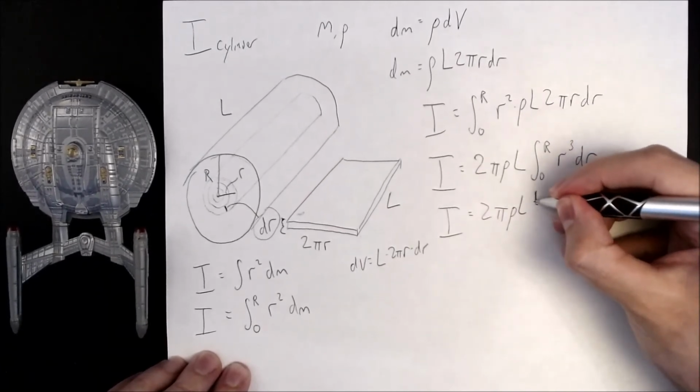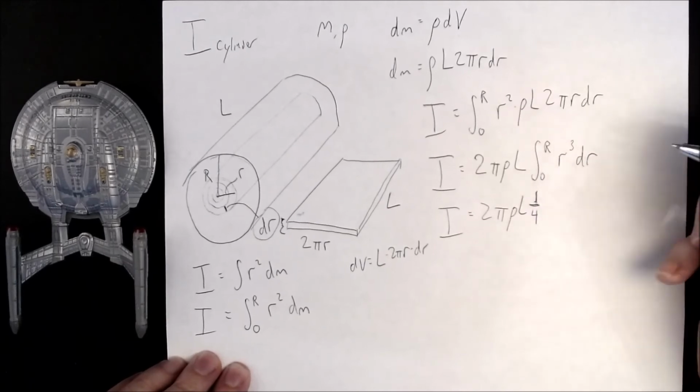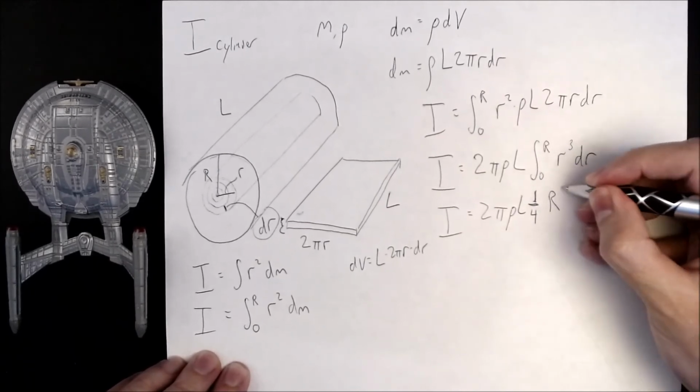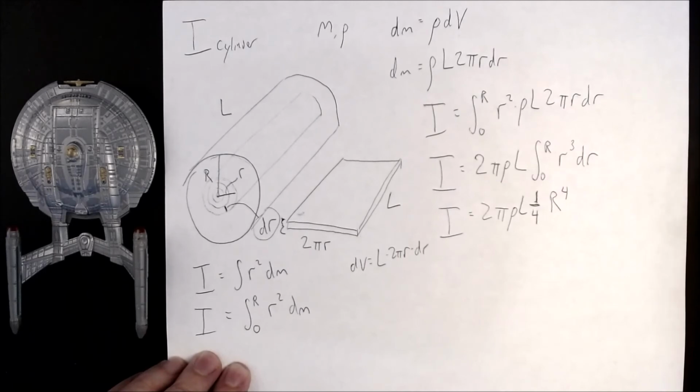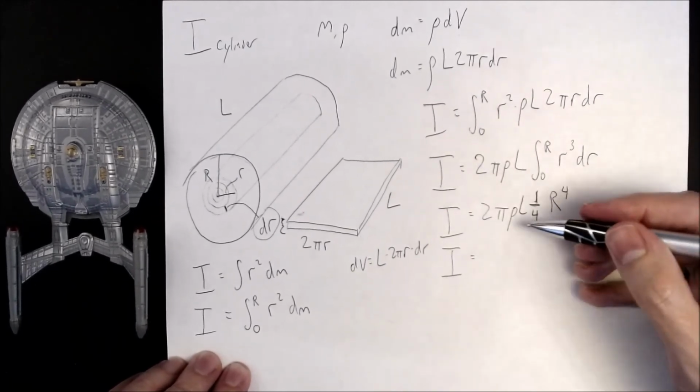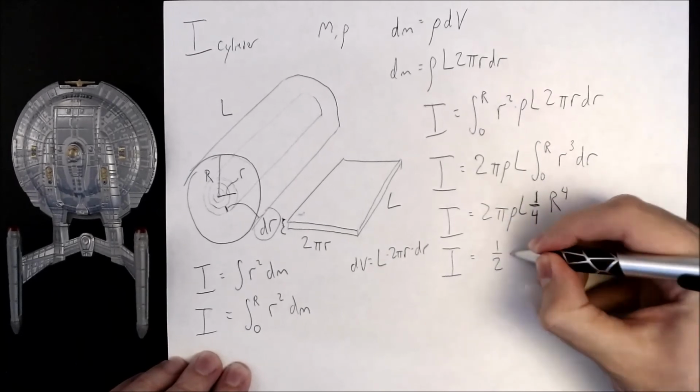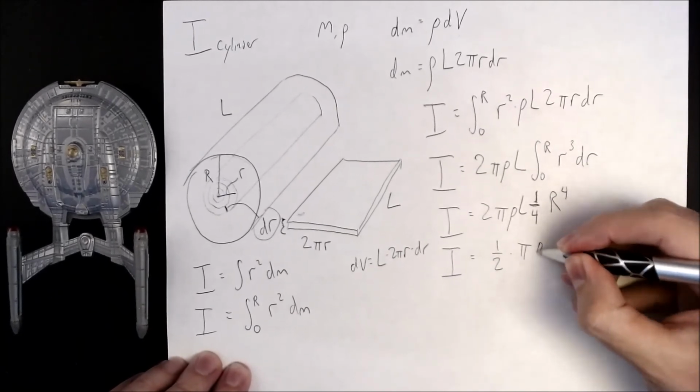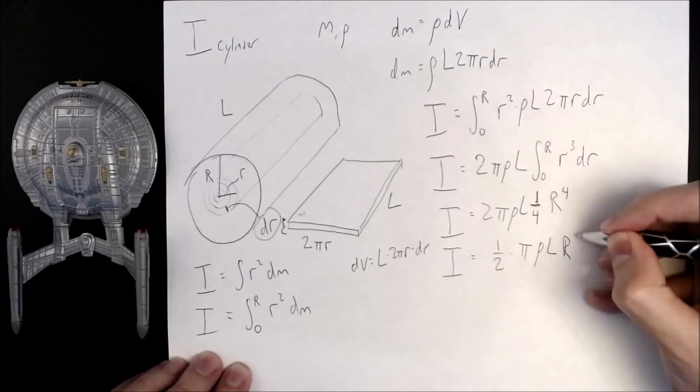That's going to be 1/4 times r to the 4th. And so we get that I is equal to 1/2 times pi rho L r to the 4th.